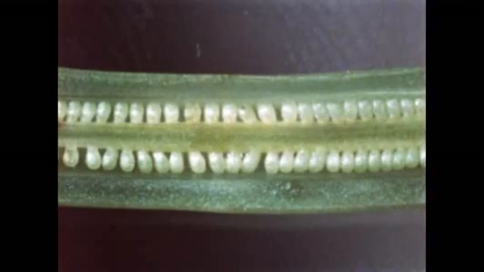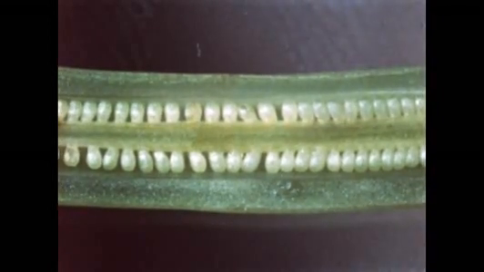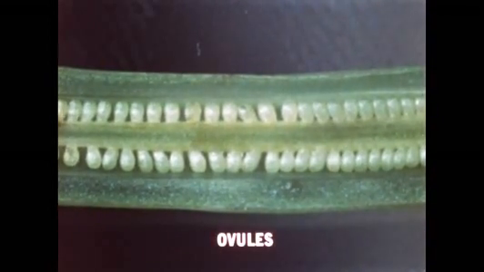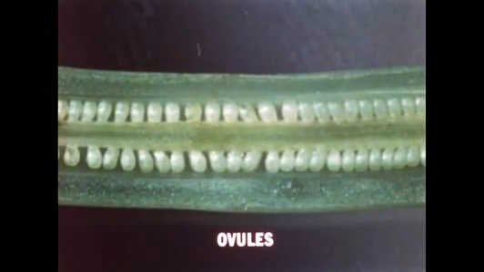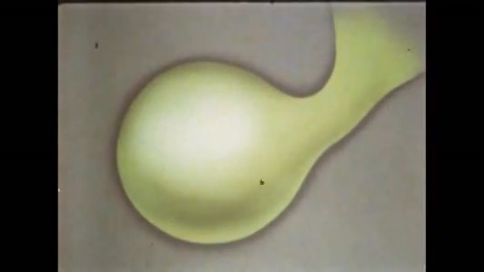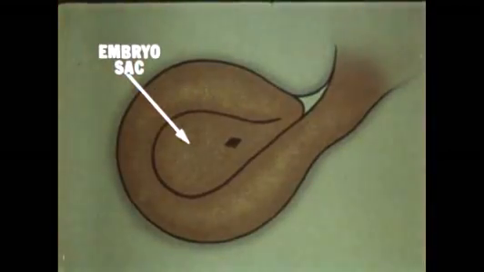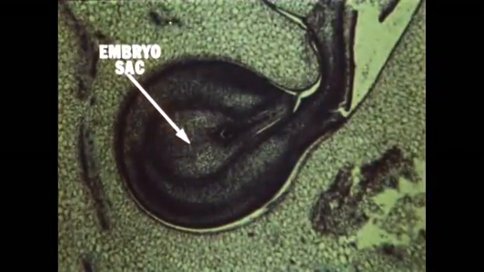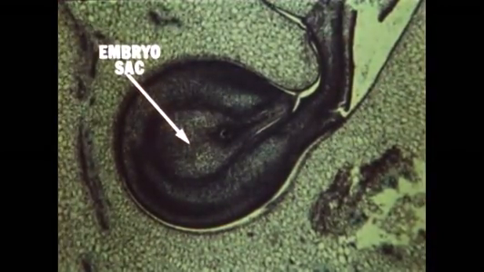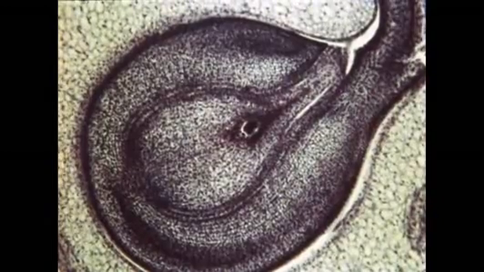The small round objects within the lily's ovary are called ovules. This drawing represents a single ovule with an embryo sac inside it. This is the real ovule.